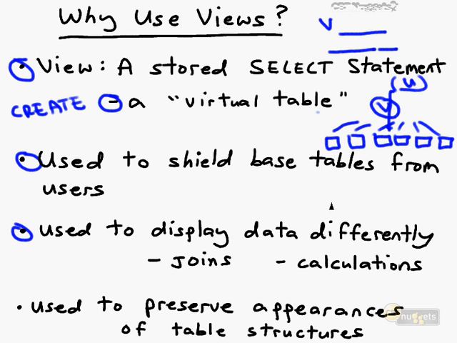So we can create views to, as I said before, use table joins to grab columns from multiple related tables. We can alias those columns and present the columns to the user in a much more user-friendly way.